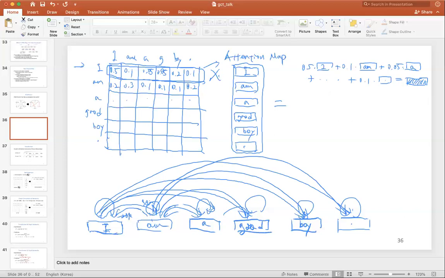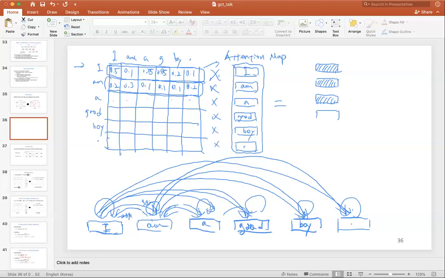You multiply the second row to the embeddings, and you will get a context vector coming out of I's attention. Then you multiply the second row, which is the attention strength coming out of M, to all the tokens, and you get another context vector, another convex combination, and another, and another, and another.